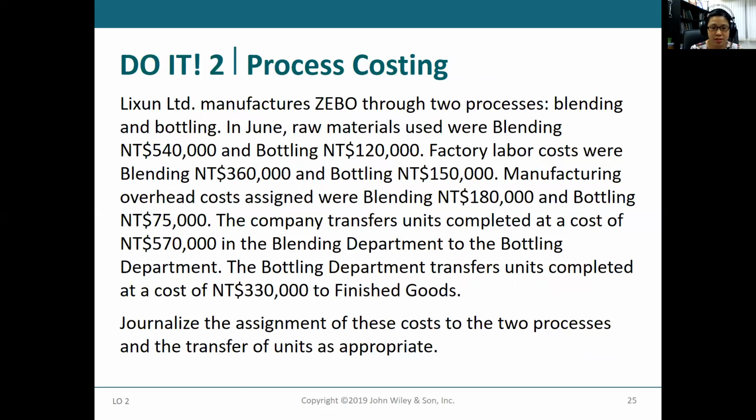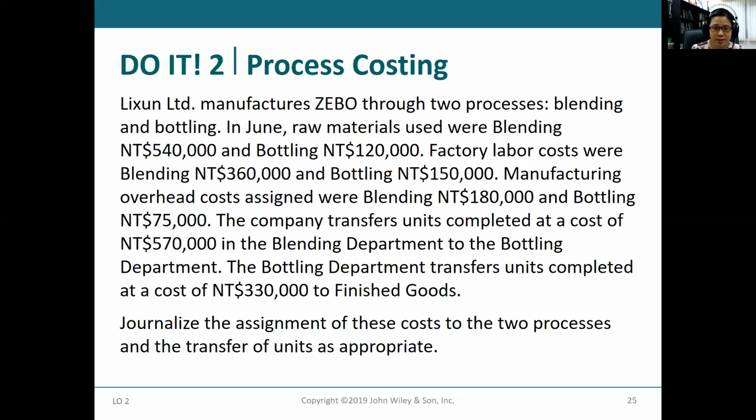Manufacturing overhead costs assigned were blending 180,000, bottling 75,000. The company transfers units completed at a cost of 570,000 in the blending department to the bottling department. The bottling department transfers units completed at a cost of 330,000 to finished goods. Journalize the assignment of these costs to the two processes and the transfer of units as appropriate.